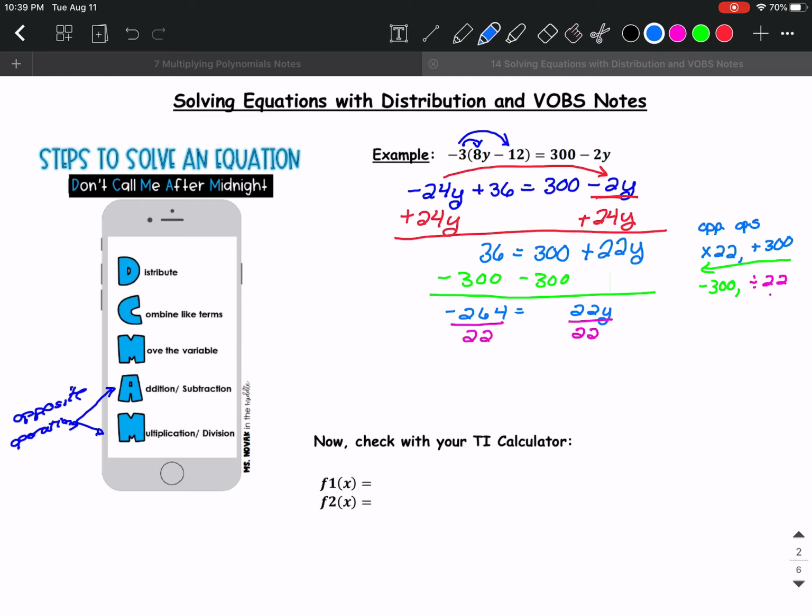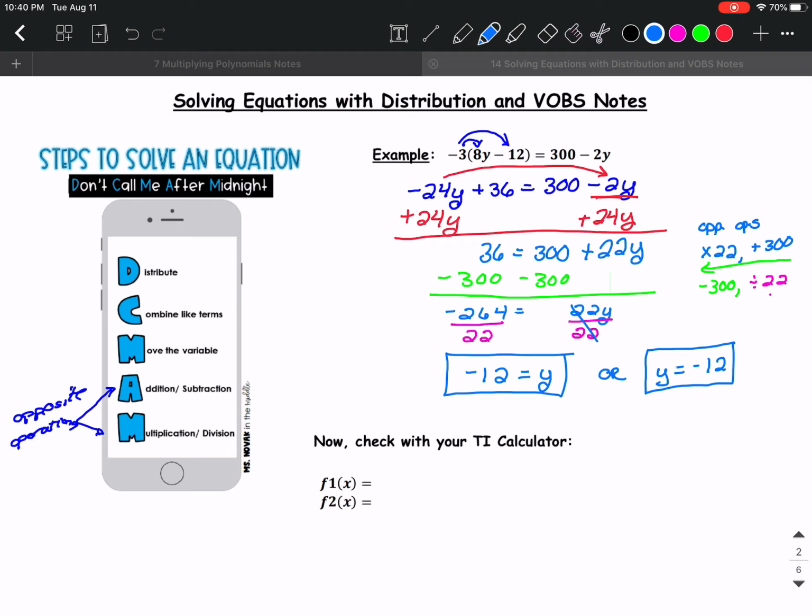And when we do that, negative 264 divided by 22, and yes, you can use a calculator, that'll give you negative 12, and on the other side, your 22s will cancel out, and you'll have y. Negative 12 equals y, or if you prefer to write it y equals negative 12, they are equivalent. They are both perfectly correct.